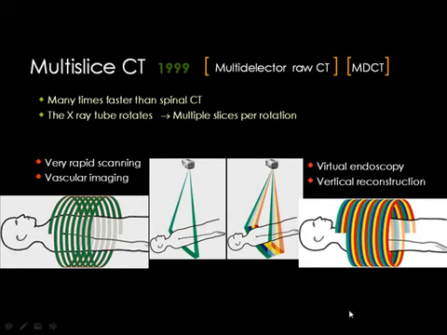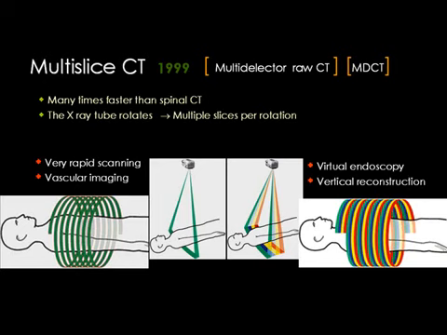Okay, and by this time, the detectors have been tremendously increased in front of the X-ray tube. And we have nowadays the 4-channel, the 6, the 10, the 16, the 32, the 64, 120, 80, 256, 320, 640.